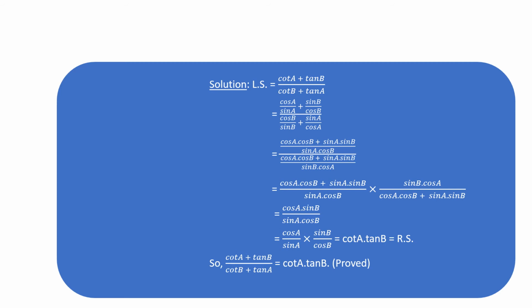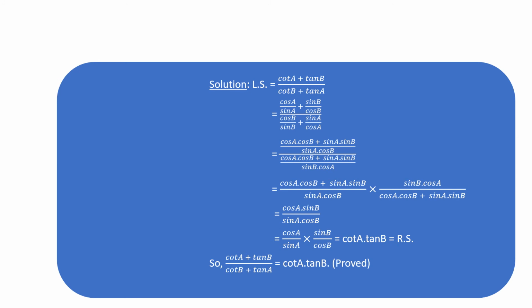The numerator part has LCM sin A into cos B, then cos A into cos B plus sin A into sin B, divided by the denominator part, LCM sin B into cos A, then cos A into cos B plus sin A into sin B. Equal to cos A into cos B plus sin A into sin B by sin A into cos B, multiplying sin B into cos A by cos A into cos B plus sin A into sin B, equals cos A into sin B by sin A into cos B. Cos A by sin A equals cot A and sin B by cos B equals tan B, which is the right side.